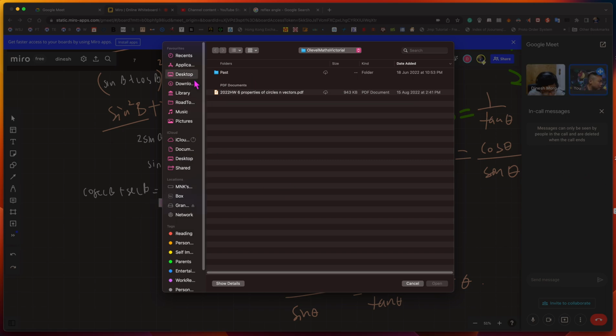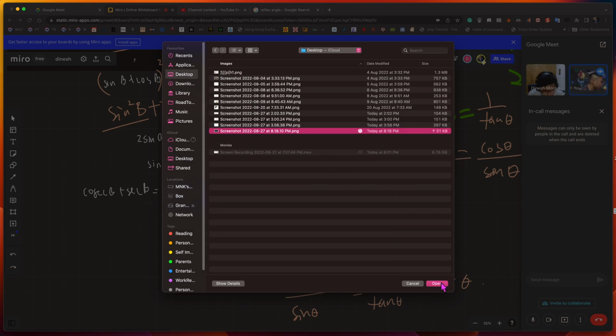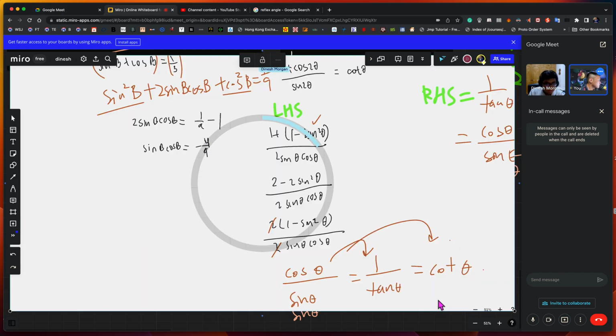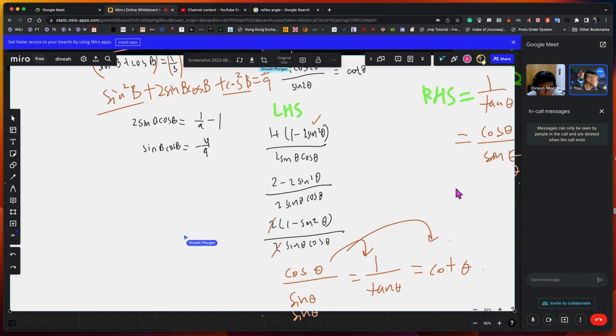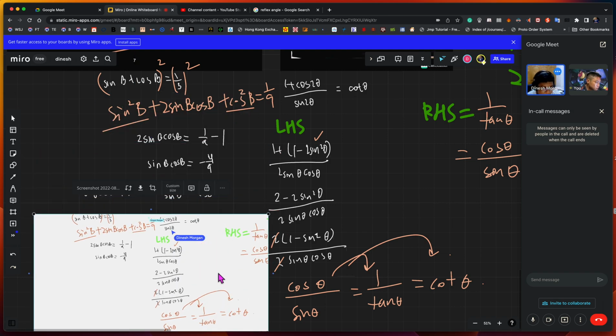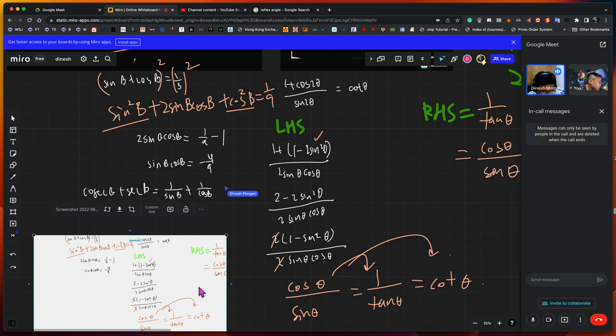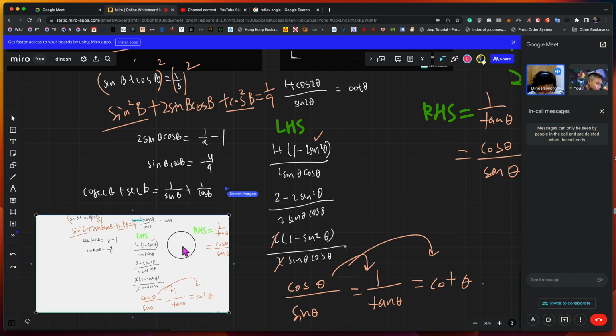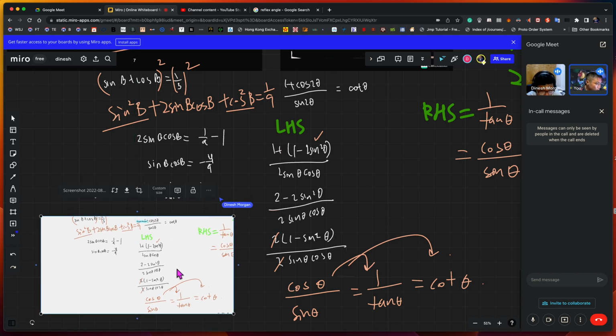This is what dark mode looks like on my side. I don't know how it looks on your side, but this is how it looks on mine. Never mind, you continue. I'm just uploading some stuff. Can you see the dark mode already? It's a screenshot, but I still see white.